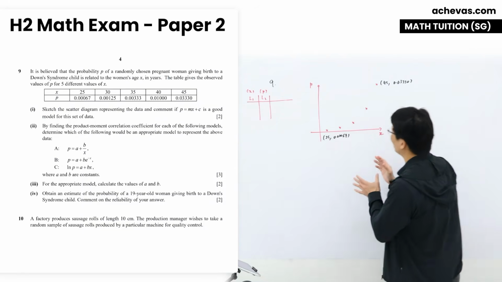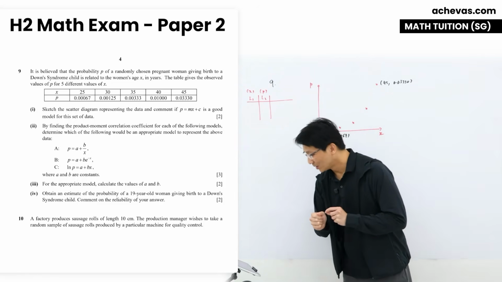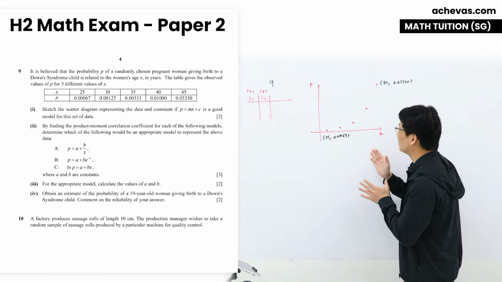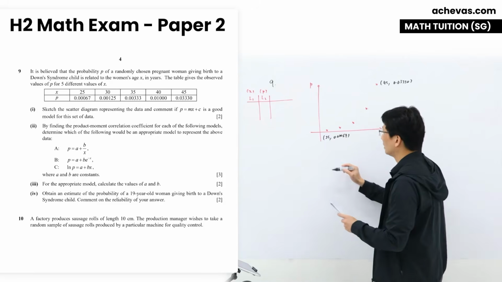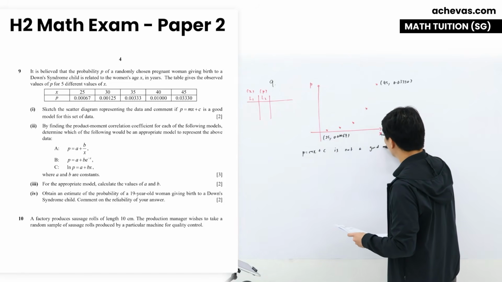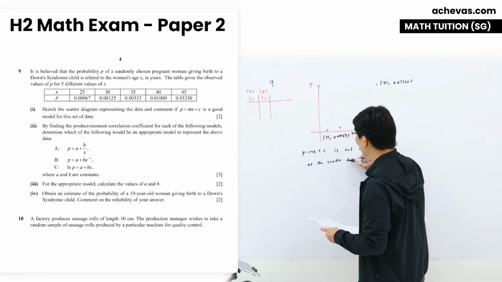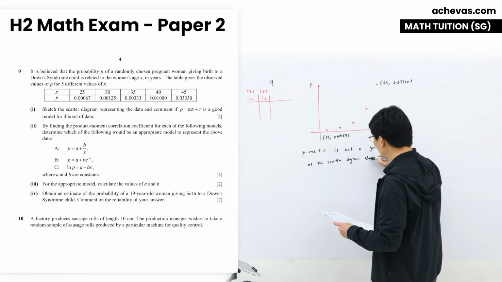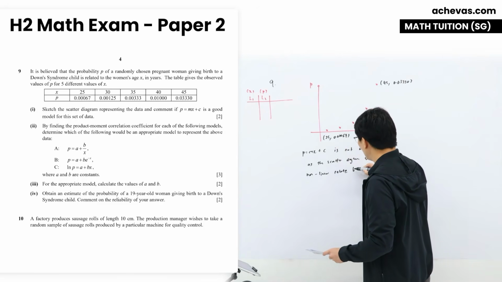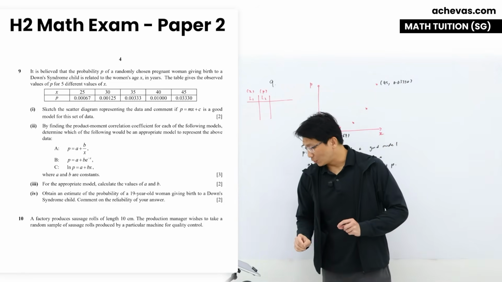I think we can see that for this display of this scatter diagram, obviously the linear model is not a very good model for this particular case because this exhibits a non-linear relation between X and P. Right, so what we can say is that P equals mx plus c is not a good model as the scatter diagram shows a non-linear relation between X and P, right?